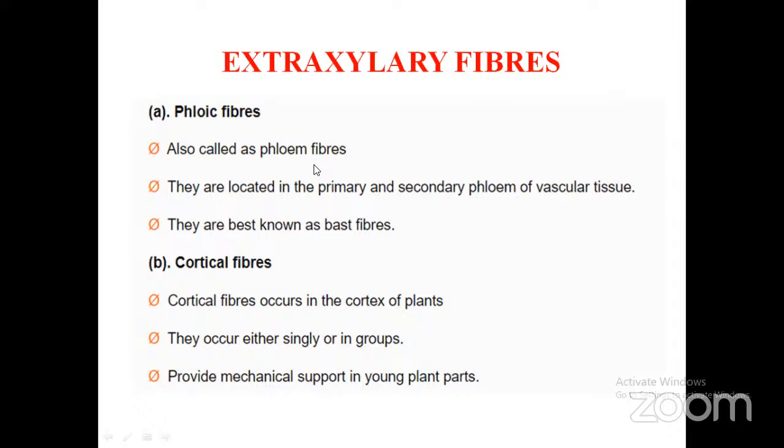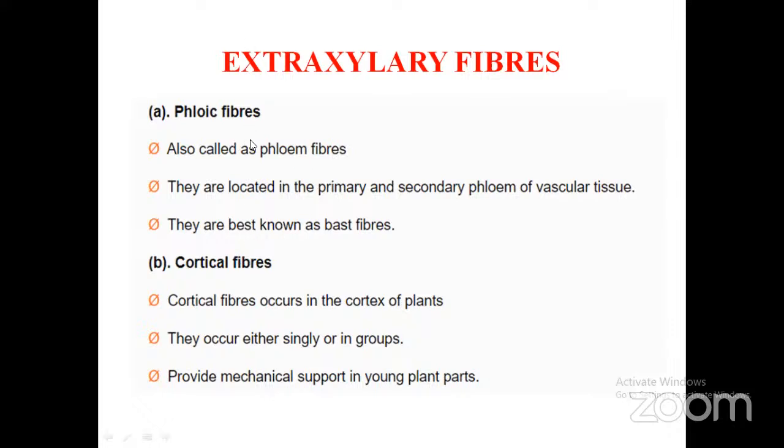Any other non-xylem region, maybe medullary fibers. They are the extraxylary fibers, located external to the xylem. Most commonly, these fibers are found in phloem, and also found in the cortex.